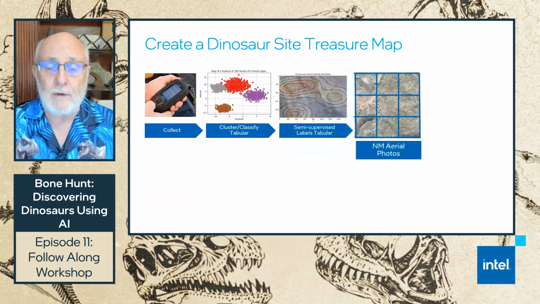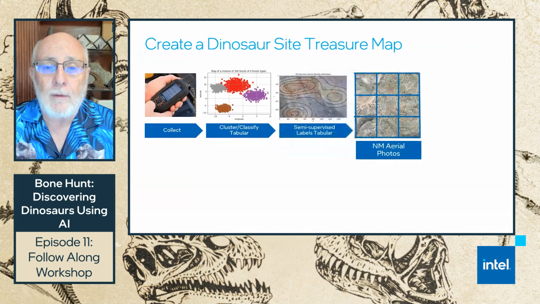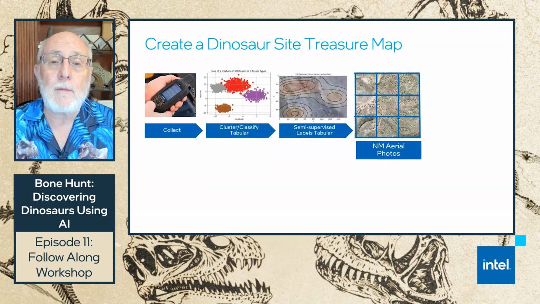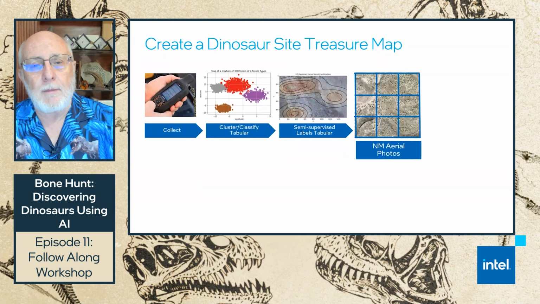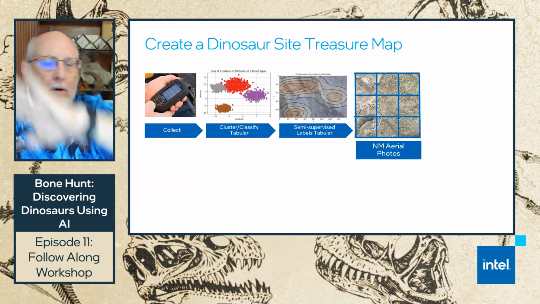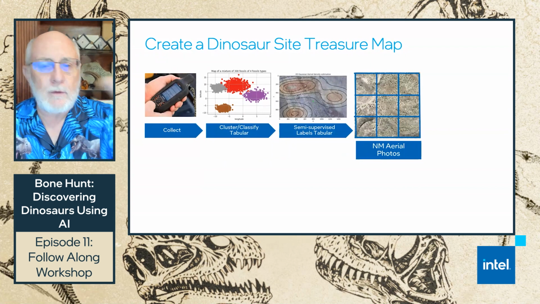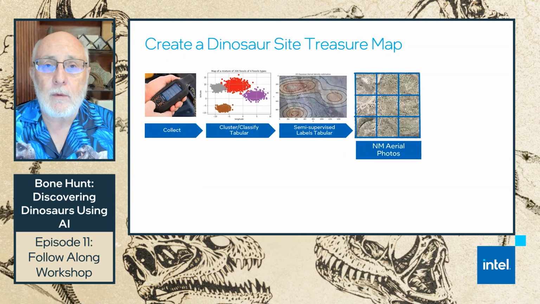Now, in this exercise, we collected bone location data for bones that we found in New Mexico. And I've collected aerial photos from those areas. And then we trained the model on aerial photos, not on the actual bone locations, but the aerial photo spanning that large region, and said this large region is a bone holder.